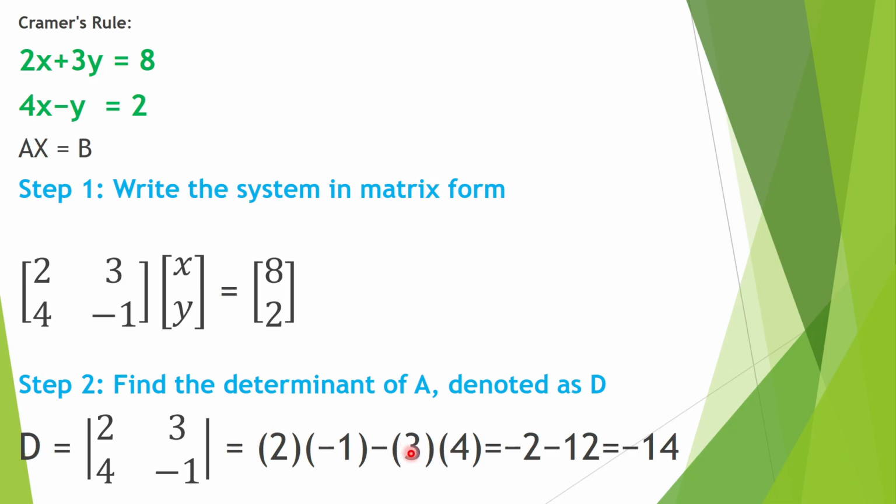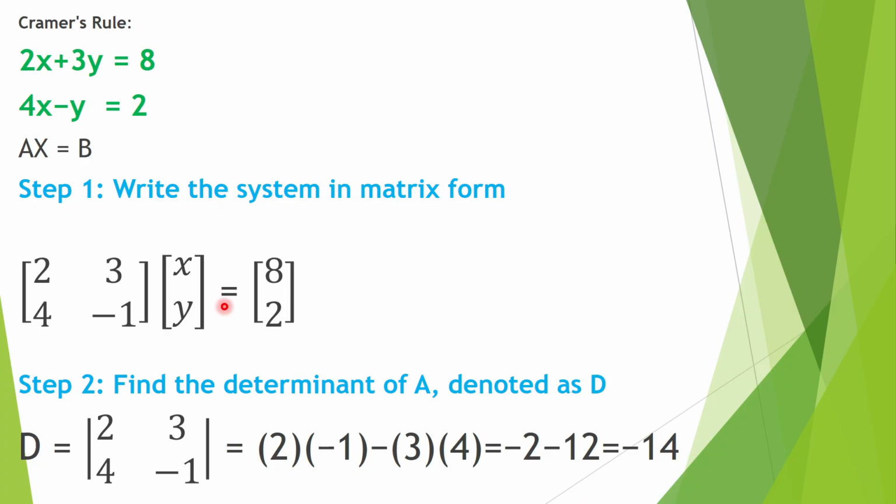So this will become minus 2, minus 3 multiplied by 4 equal to 12. So minus 2 minus 12 equal to minus 14. So the determinant D is equal to minus 14.